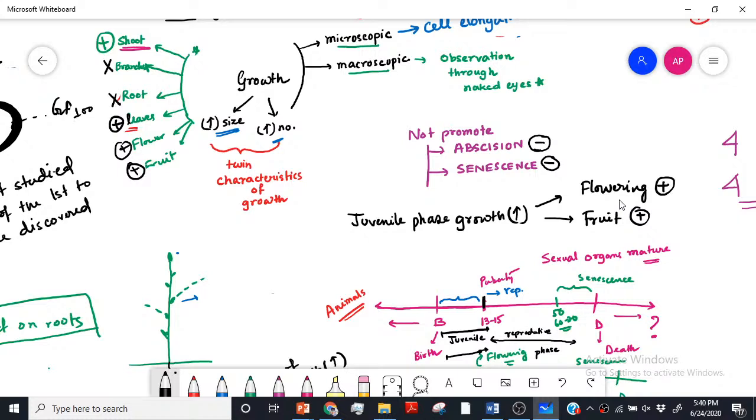Are you writing these things down? So fruit growth will be promoted, delayed ripening will be there. Then the third point will be quicker maturity.